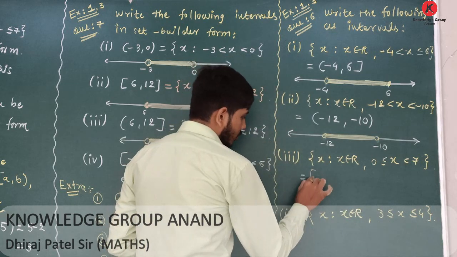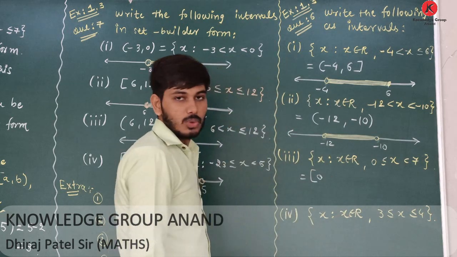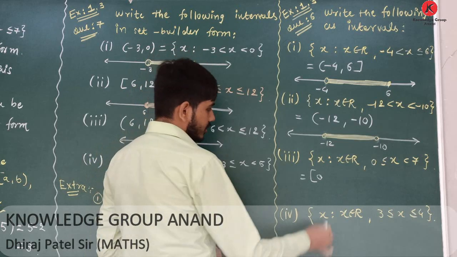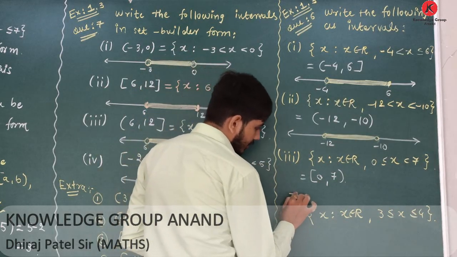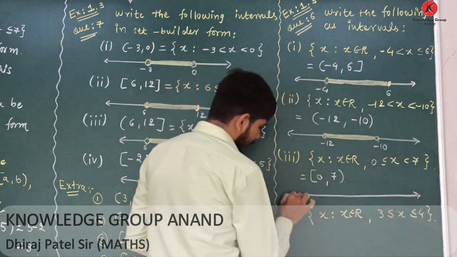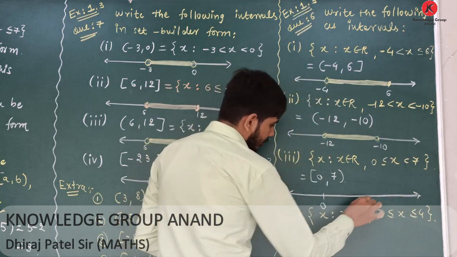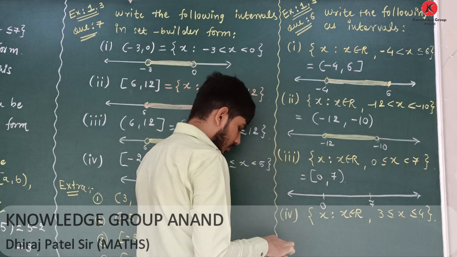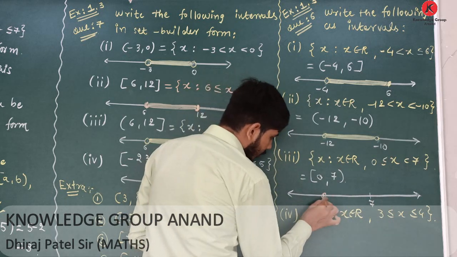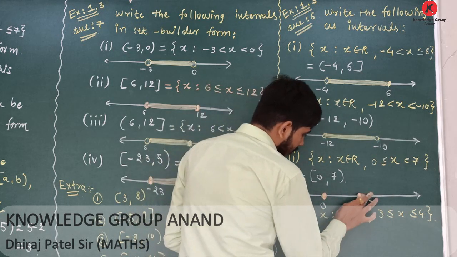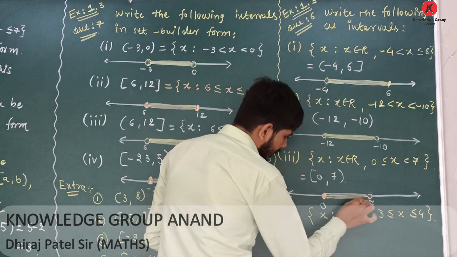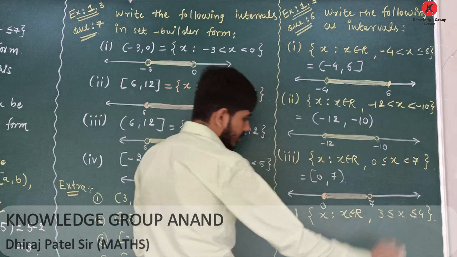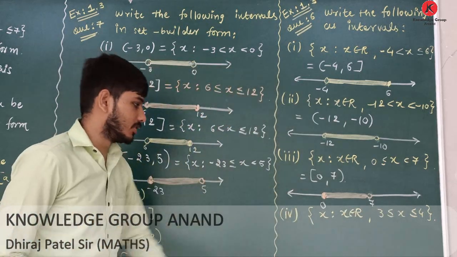We have to include 0 here, therefore put square bracket on the 0 side and small bracket on 7. Next, the representation of this set on the number line: we have to include 0 here, therefore put the dark circle on the 0 side and hollow circle on 7. Okay, so this one is the representation on the number line of this interval.